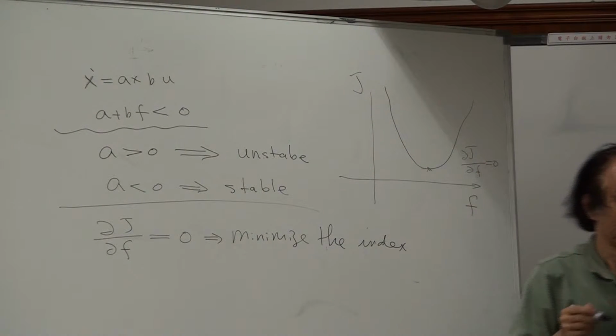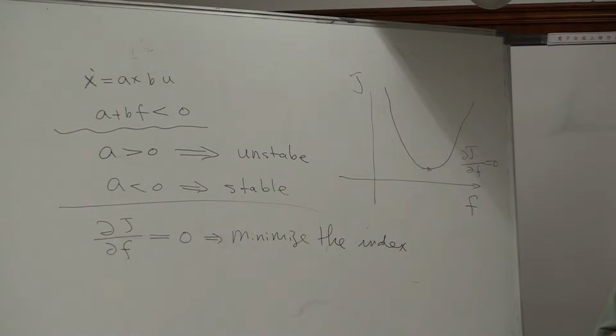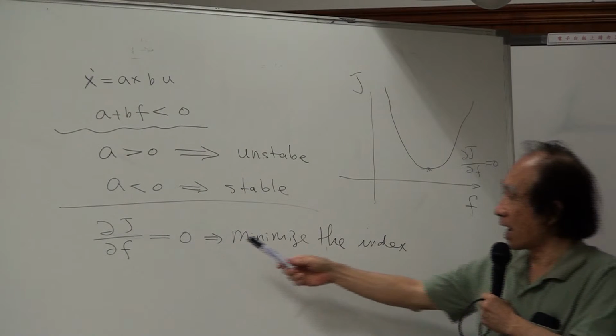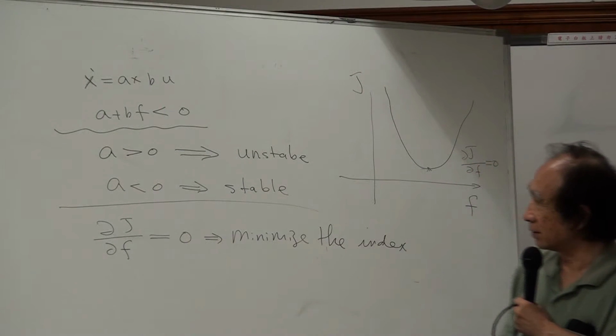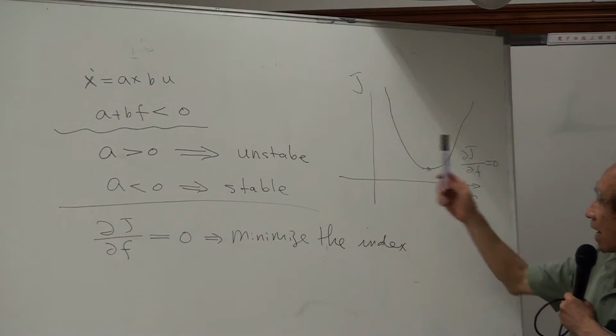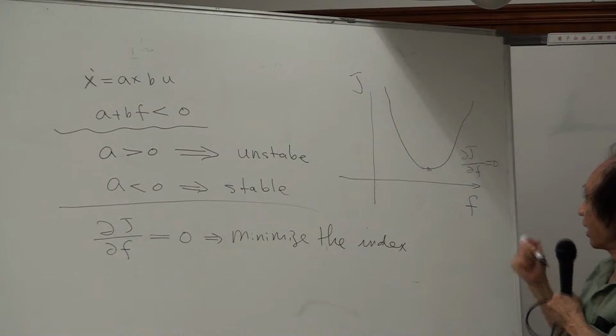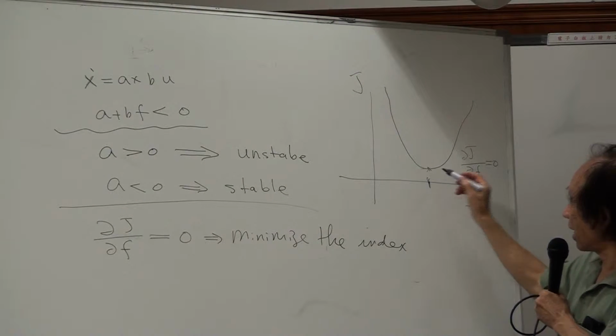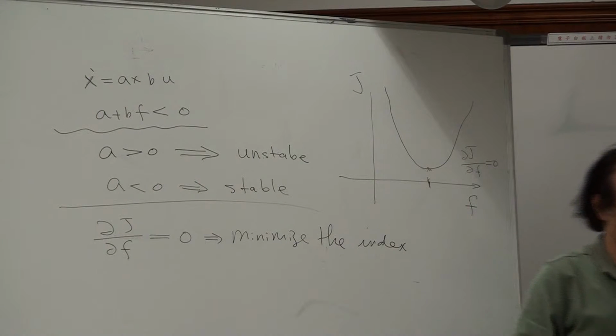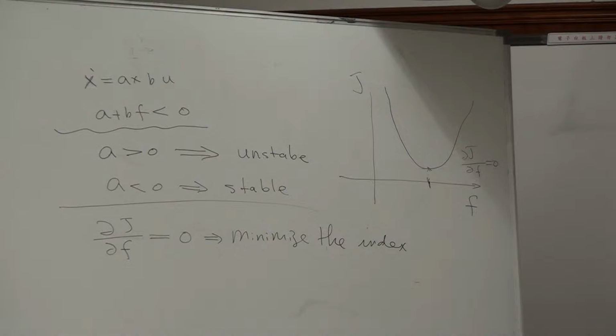Agree? So if I choose F such that partial J, partial F equals 0, that F here will minimize my energies. Agree? That is the F.